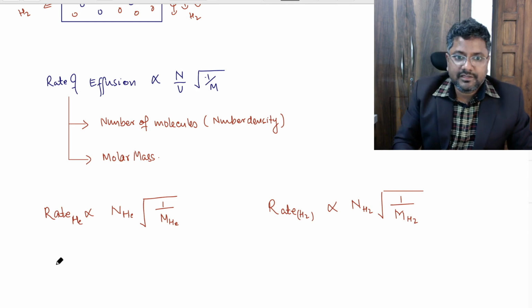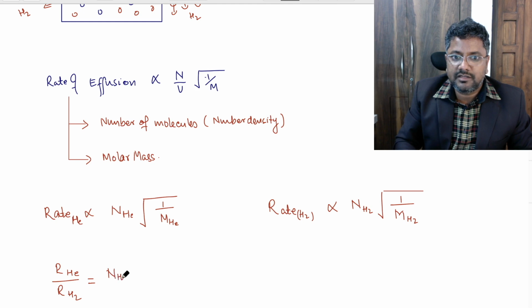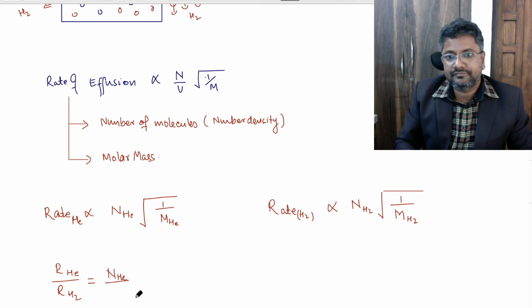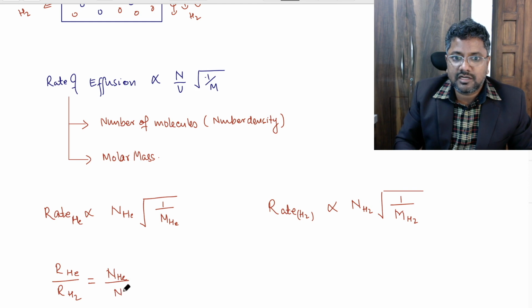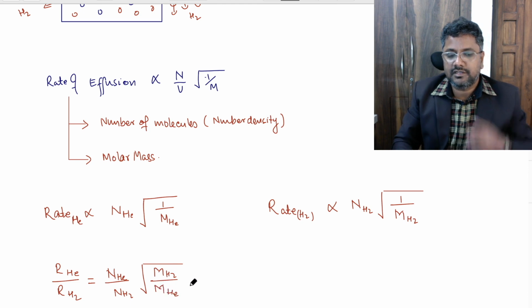So you can write rate for helium by rate for hydrogen equal to molecules of helium by molecules of hydrogen, into molar mass of hydrogen by molar mass of helium.